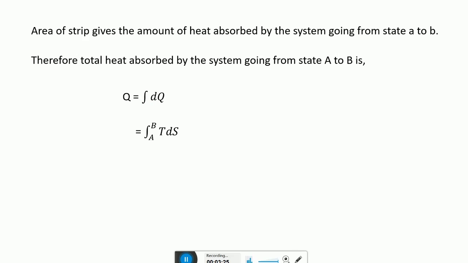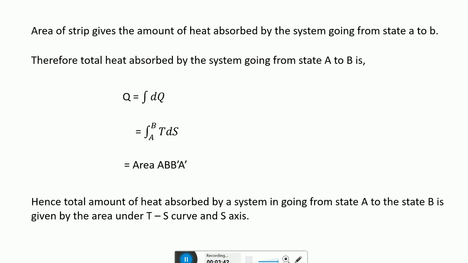Putting the value of dQ here, the integration from A to B of TdS is the area of capital A, B, B dash, A dash, meaning under the curve AB. Hence, the total amount of heat absorbed by a system in going from state A, whose coordinates are S1, T1, to the state B with coordinates S2, T2, is given by the area under the TS curve and the S axis.